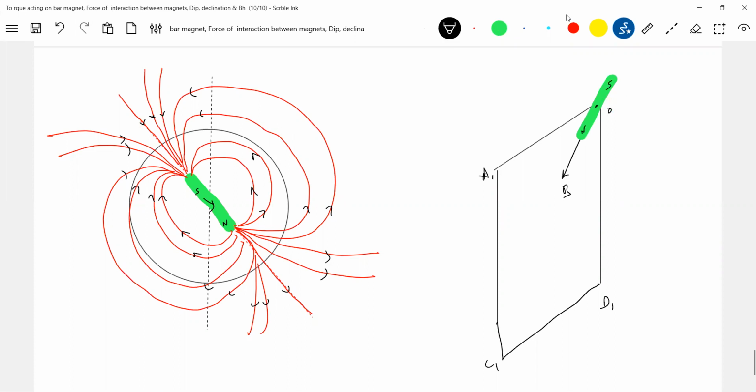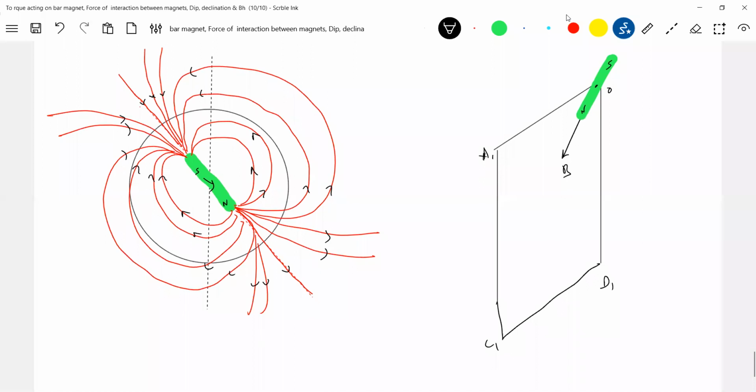Okay, I get this. And what is this B? B due to Earth. So what is this plane? That particular bar magnet lies in this plane OA1C1. Books show one arrow like this. I'm just putting this one.